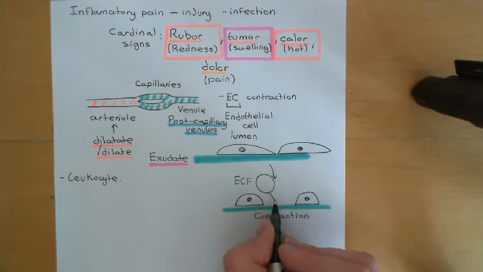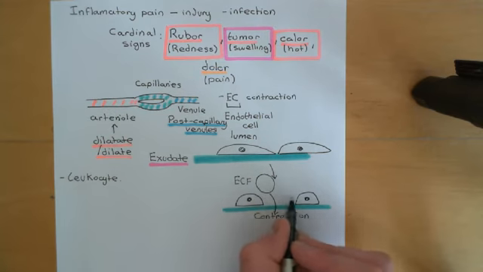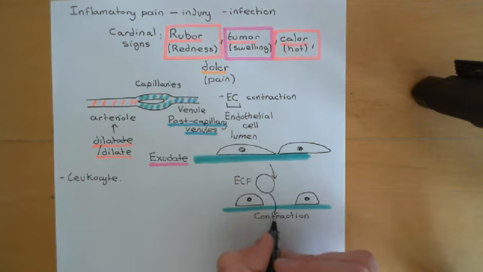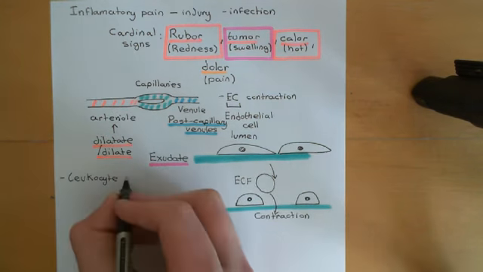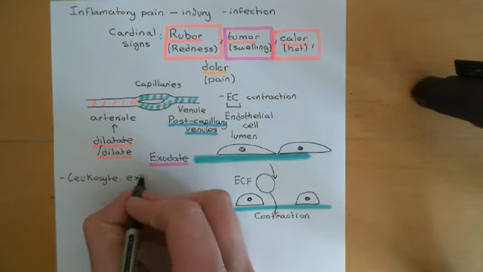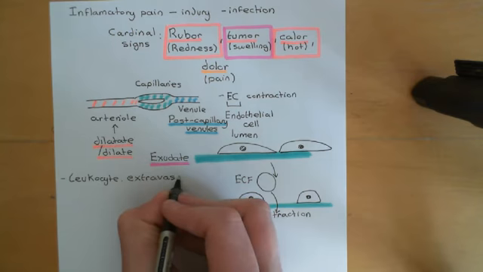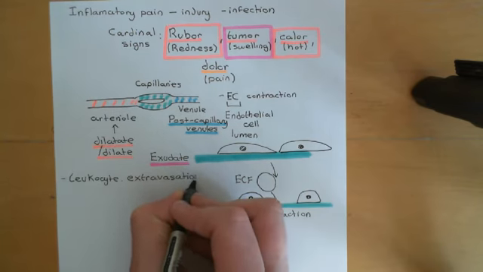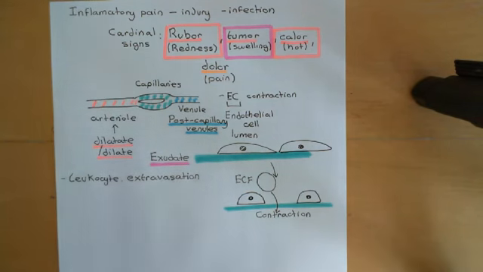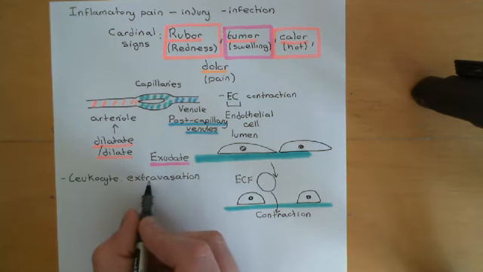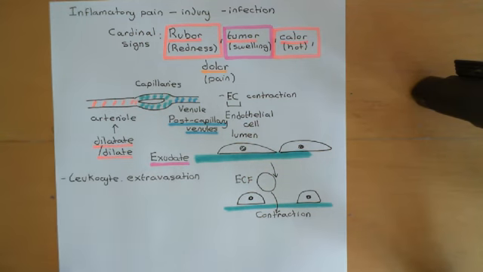Instead, to get out of the blood vessel, a white blood cell actually needs help from the endothelial cells to squeeze through this gap between the endothelial cells and into the extracellular space. This phenomenon of leukocytes leaving the blood vessel is known as leukocyte extravasation. Extravasation means leaving the vascular system, going beyond the vascular system. So, leukocyte extravasation there.